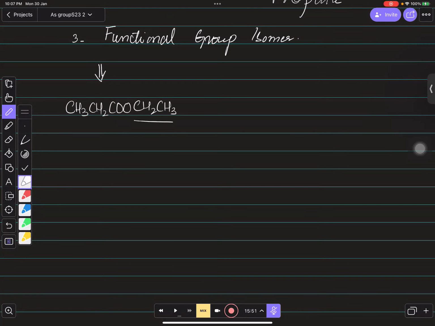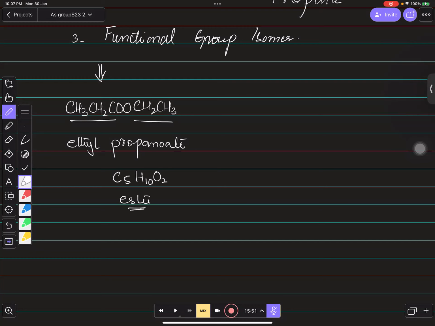This is ethyl, and we have 3 carbons, so it is ethyl propanoate. We have 5 carbons in total, and 10 hydrogens along with 2 oxygens. These are ester family members.